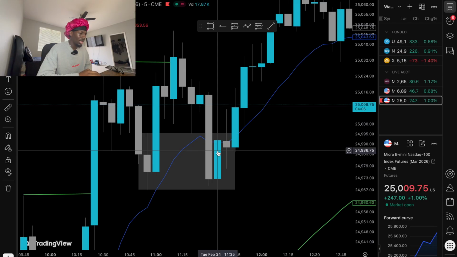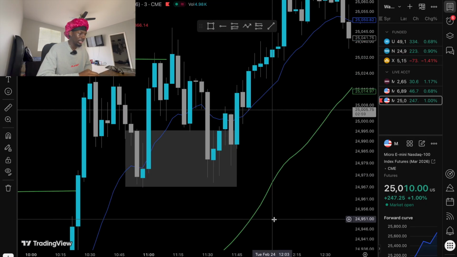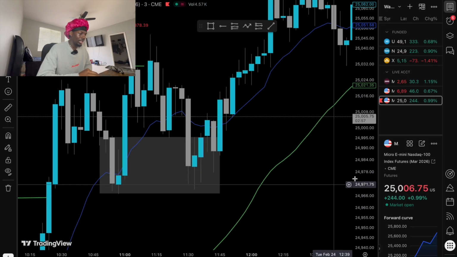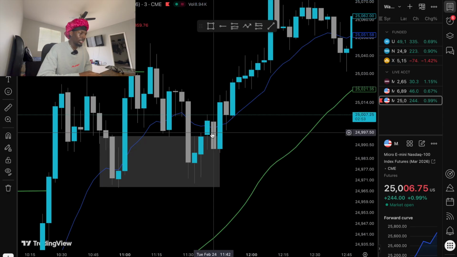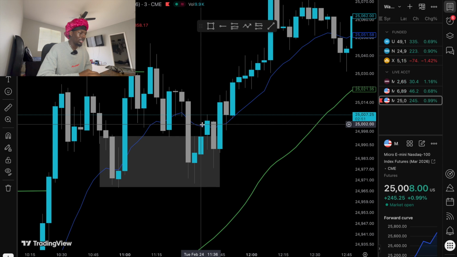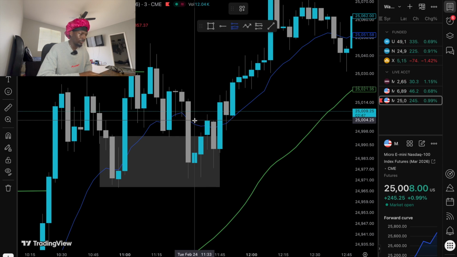And as you can see, that happened right here. So I'm going to drop down to the 3 minute just to give you a more in-depth look. And so once we tapped, we came to the 3 minute, and I see the break and close of this EMA right here. And that was our entry point.